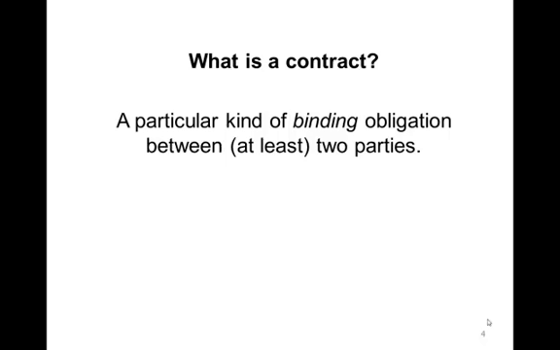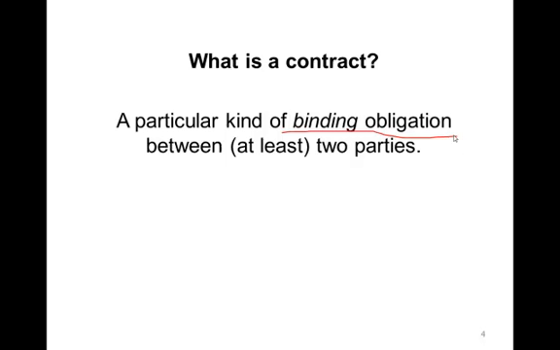First, what's a contract? Well, in the most generic sense, it's a particular kind of binding obligation between at least two parties. Now, I say particular kind because what you're probably going to learn in your contracts class, if you're taking one, and if you listen to these podcasts, you'll hear the same material, is that there are multiple kinds of binding obligation that we deal with in contracts law.